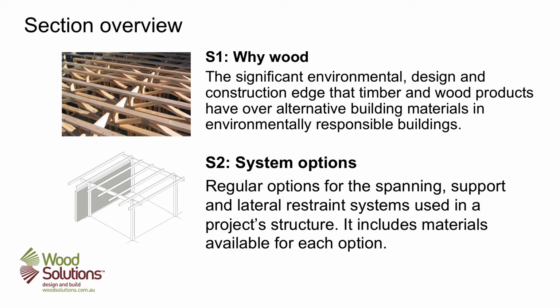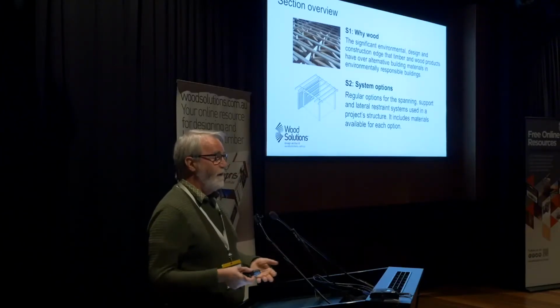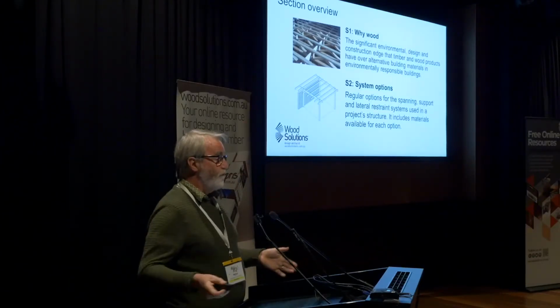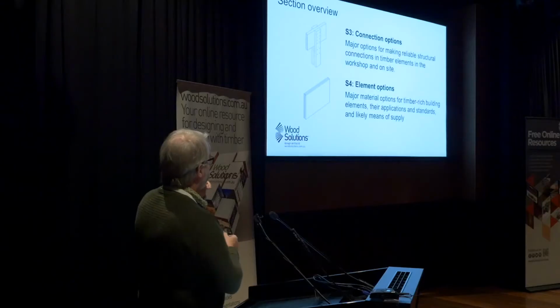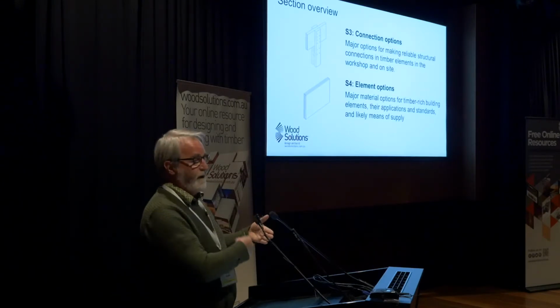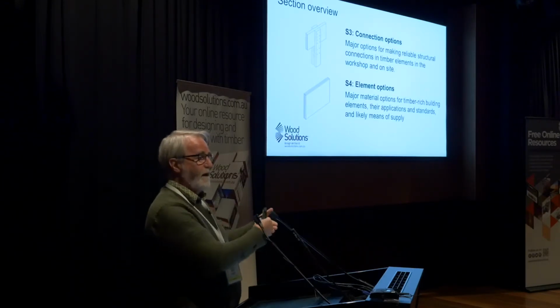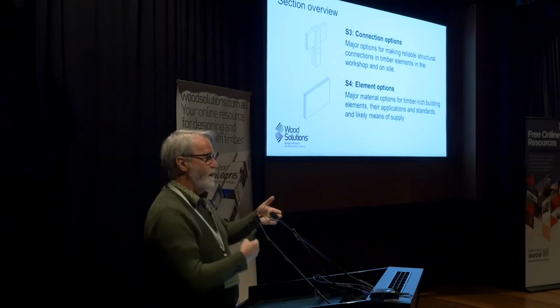If we're looking at a system of assembly, structurally or architecturally, or preferably both, what can we choose from? The next one is that if we've got these systems, how we join them is going to affect both the cost and the aesthetics of the combinations in the design, so we look at the connection options. We then have to make the thing out of materials, so we look at the material types that are available.